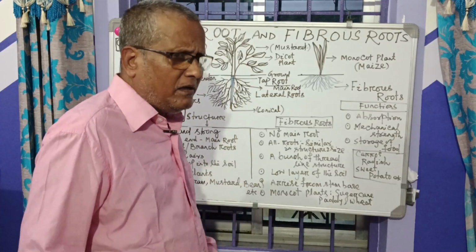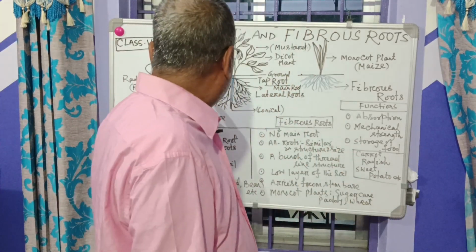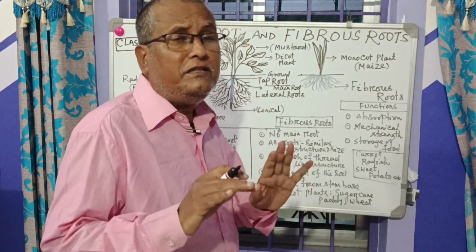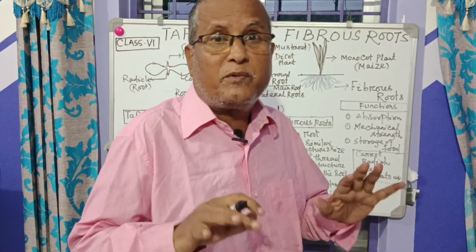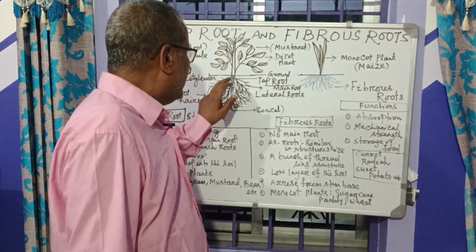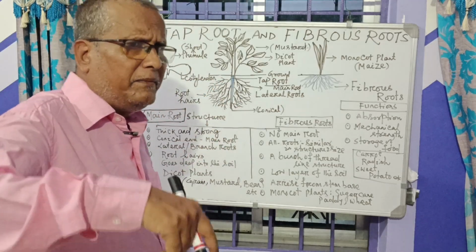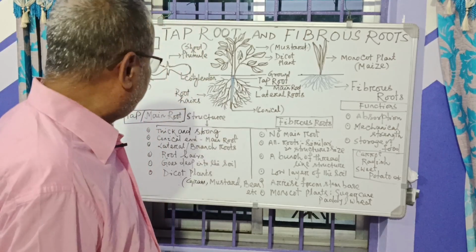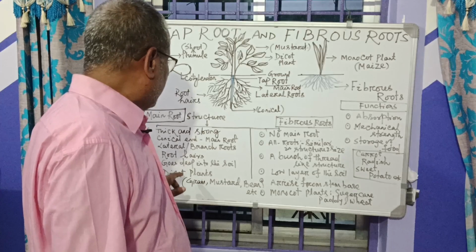Now you see, the branch roots have hair-like structures. These hair-like structures are called root hairs. They help in absorption of water and minerals from the soil. You see, the taproot is thick and strong, it can penetrate into the soil, and the end is conical in structure.